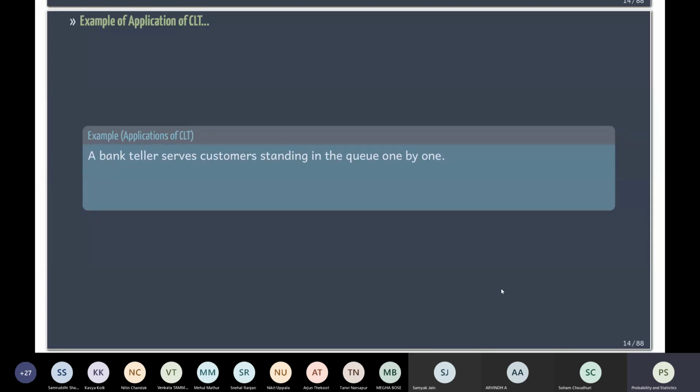So let us see some application of the central limit theorem in practice. A bank teller serves customers standing in a queue one by one. Suppose that the service time Xi for customer i has mean, expectation of Xi, equal to 2. So each customer on average spends 2 minutes.